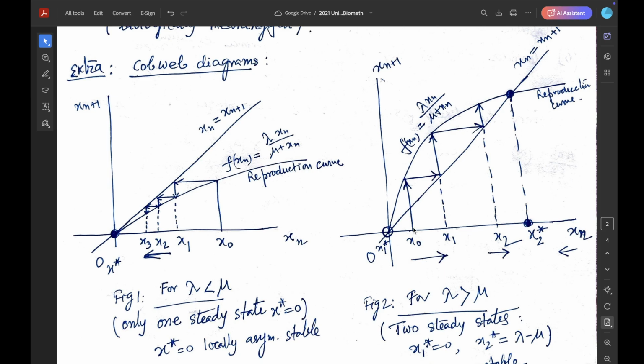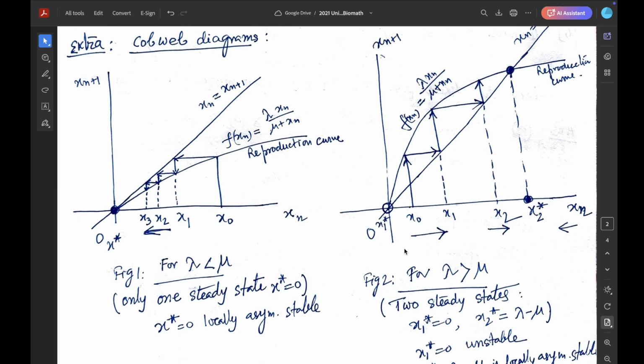If we choose x0 here as the initial solution, from x0 to the reproduction curve, then to the diagonal, and then to the reproduction curve, the corresponding solution is x1, then x2, and so on. So the solutions x0, x1, x2 approach x2 star. So x2 star is locally asymptotically stable, and x1 star, which equals 0, is unstable.